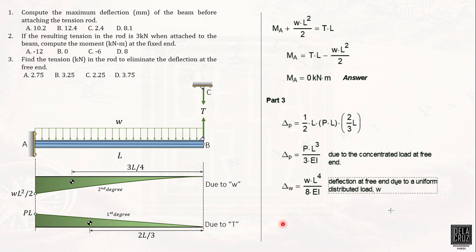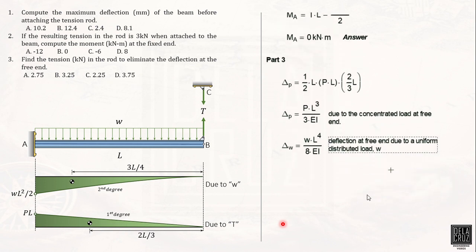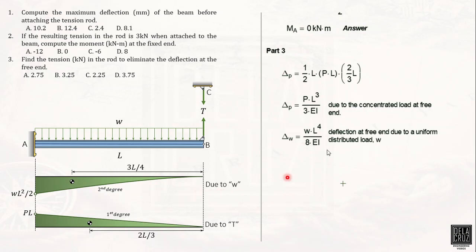Ito. So, pwede natin gawin yung superposition method. That would be a deflection downward. The deflection downward, that is because of this uniformly distributed load, minus the deflection upward, must be equivalent to 0 para ma-eliminate yung deflection natin.